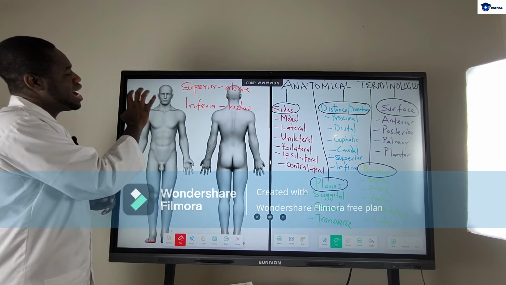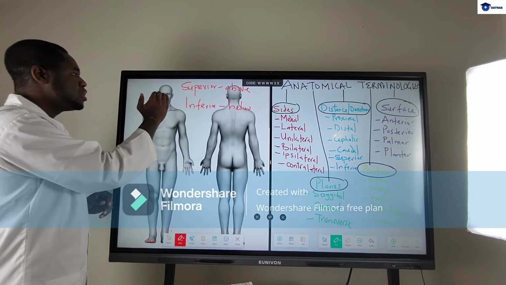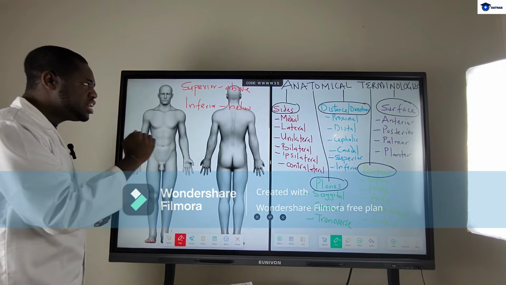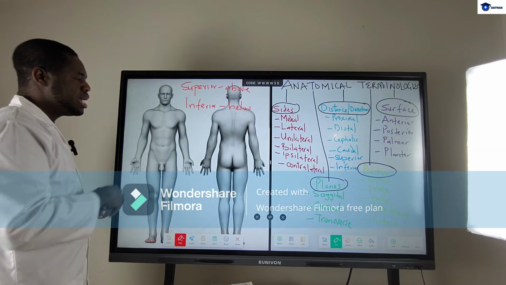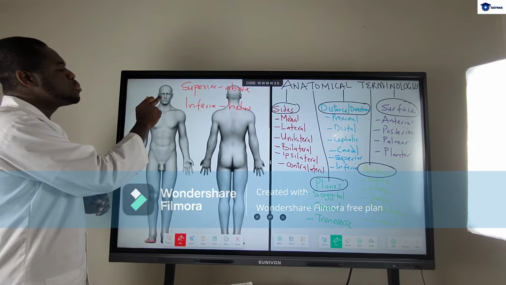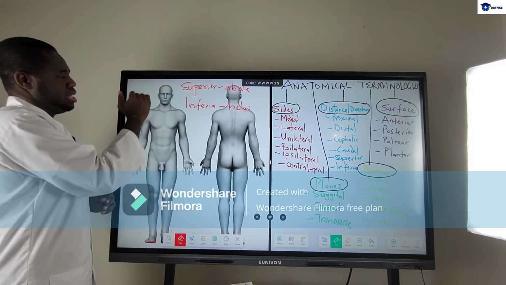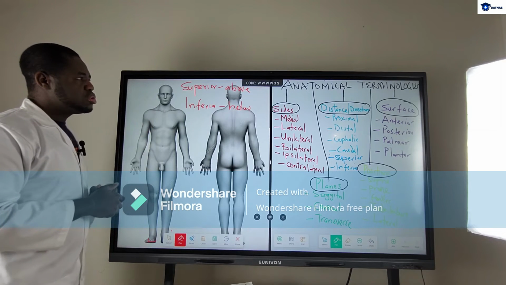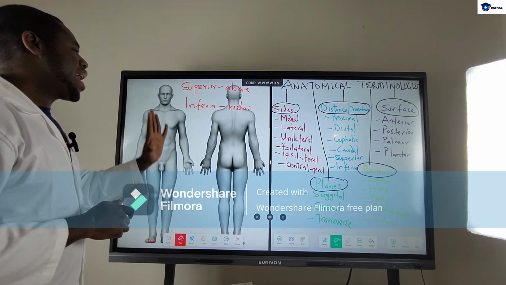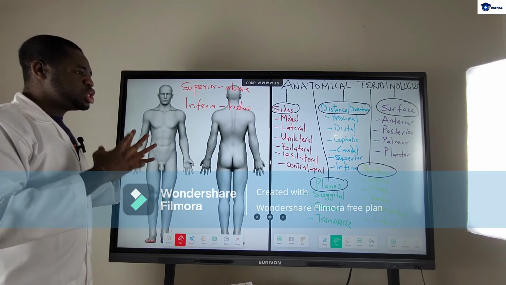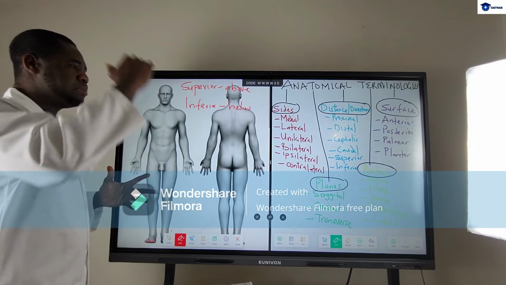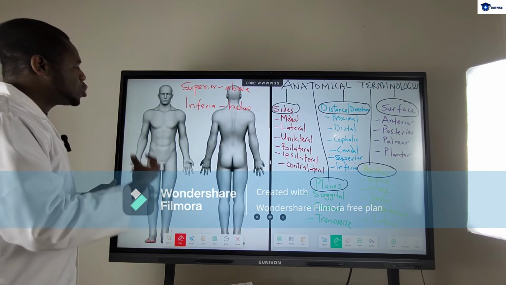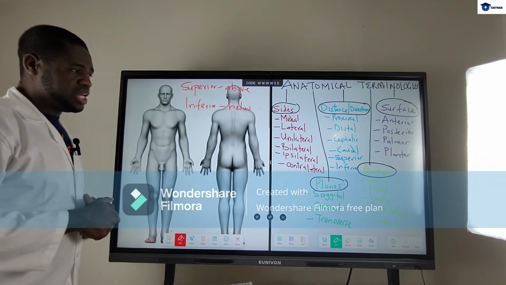The two eyes are superior to the nose, while the nose lies inferior to the eyes. The nose lies superior to the mouth. The mouth lies inferior to the nose. So this is how we explain the positions of organs that are above and below in relation to other parts of the body.